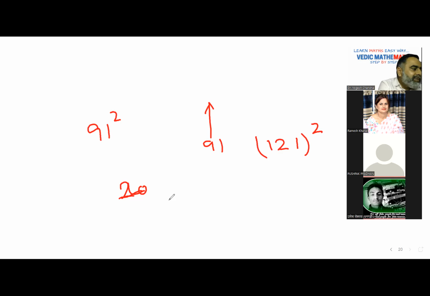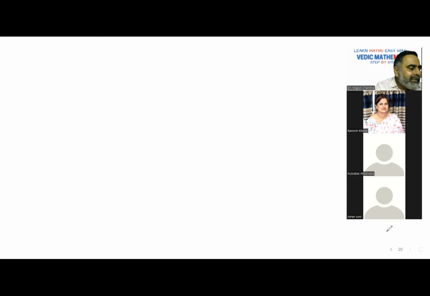Any doubts now? Okay, I'll give one last example: 4913. Now this is very difficult to multiply, 4913 into 4913.